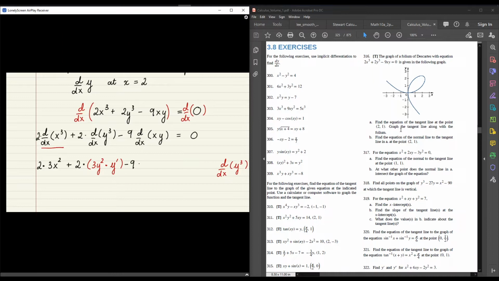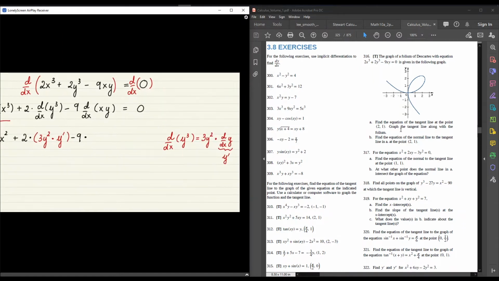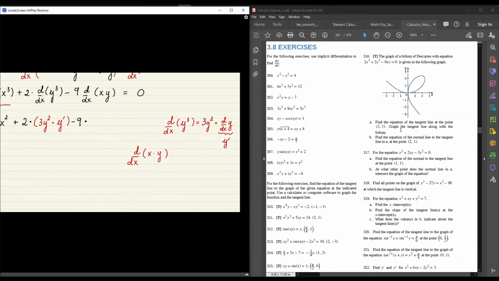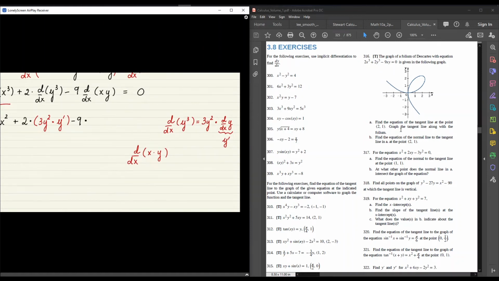Minus 9 multiplied by, now I have the derivative of x times y. So let's do it out here. I'm taking the derivative d/dx of x times y. Here I have a product of two things, so I have to apply the product rule. So that will be the derivative of x multiplied by y plus x multiplied by the derivative of y.